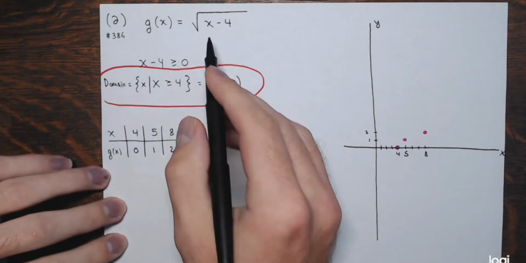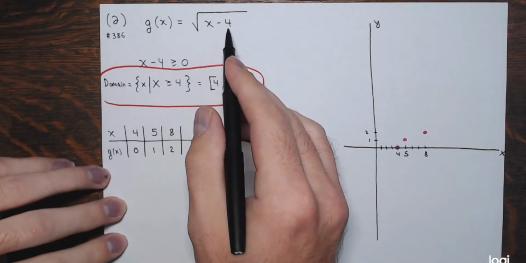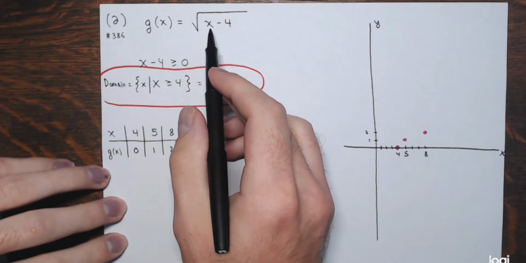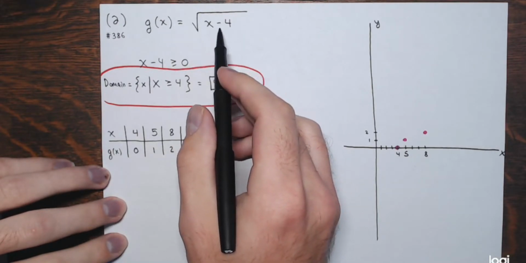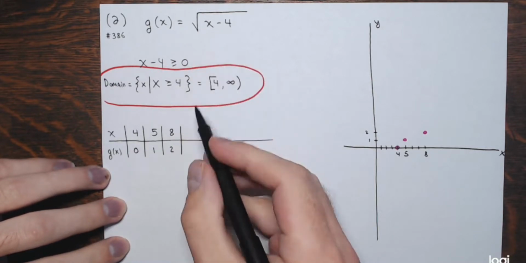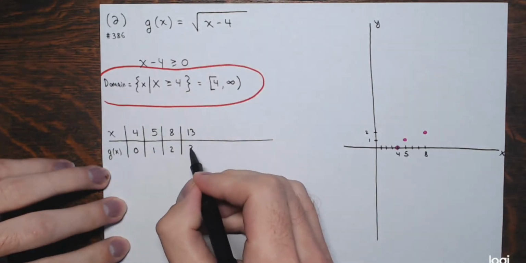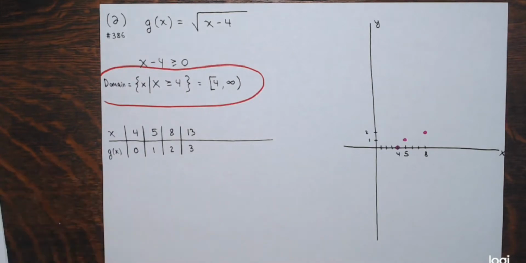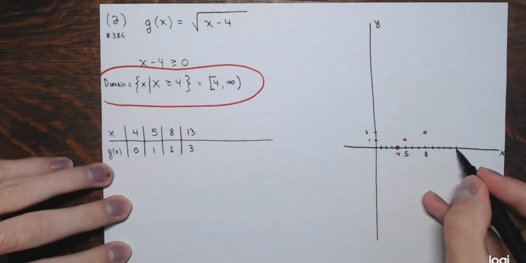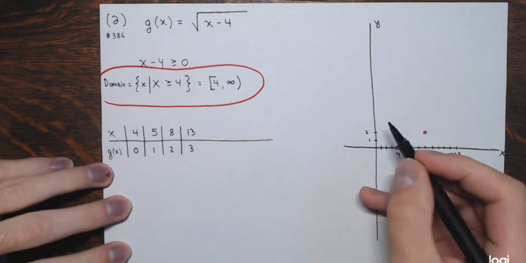Then 9 would give me the square root of 5, which isn't nice, but you could still do it. 10 would give me the square root of 6, 11 the square root of 7, 12 the square root of 8. 13 would give me the square root of 9, which is 3. So input 13, and you'd get an output of 3.